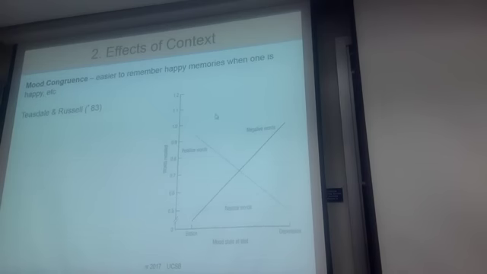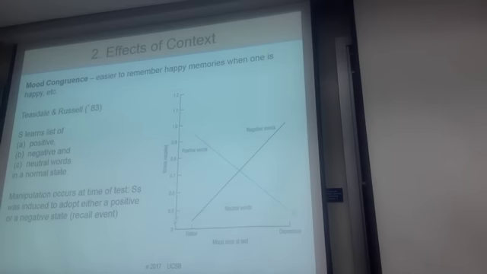They just didn't hypnotically induce these states. They just had subjects learn either positive words, negative words, or neutral words in a normal state, and then they manipulated whether they were in a positive mood or a depressed mood, and then they asked them to recall those words. When people were in a happy mood, when they were feeling elated, they remembered many more positive words than negative words.